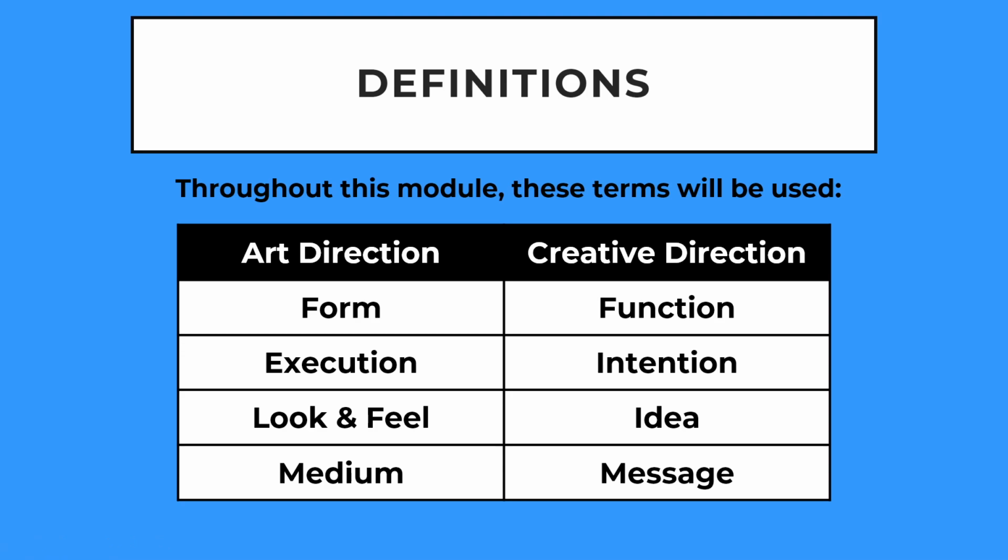We will use these terminologies a lot. So I just want to make this concrete and clear to all of you. We will use creative direction and art direction a lot. If you need a more simplified way of understanding, creative direction is the idea, and art direction is the look and feel that expresses this idea.